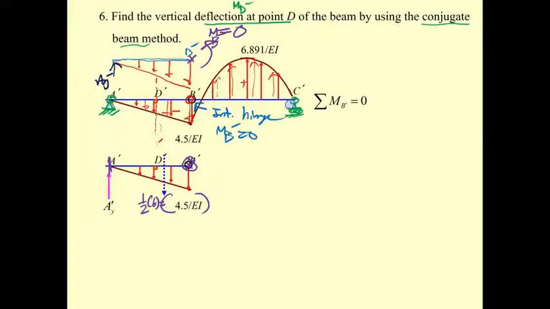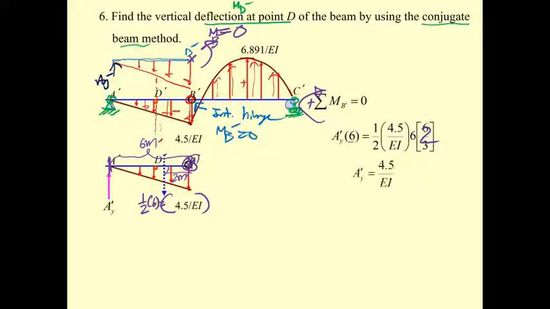If you take the moment here and take this one as positive, A sub y prime times 6 meters, and this one times 2 meters. So we have A sub y prime times 6, and 1/2 of 6 times this one times 2, and you have A sub y prime of 4.5 over EI.